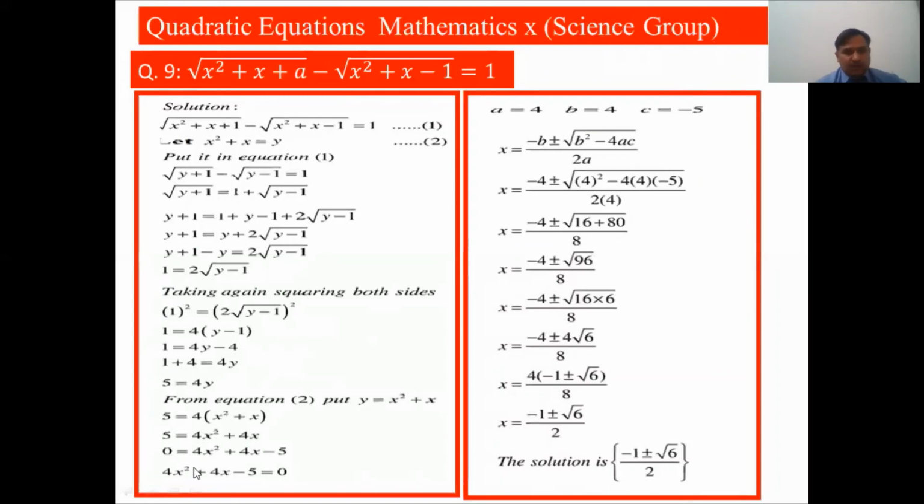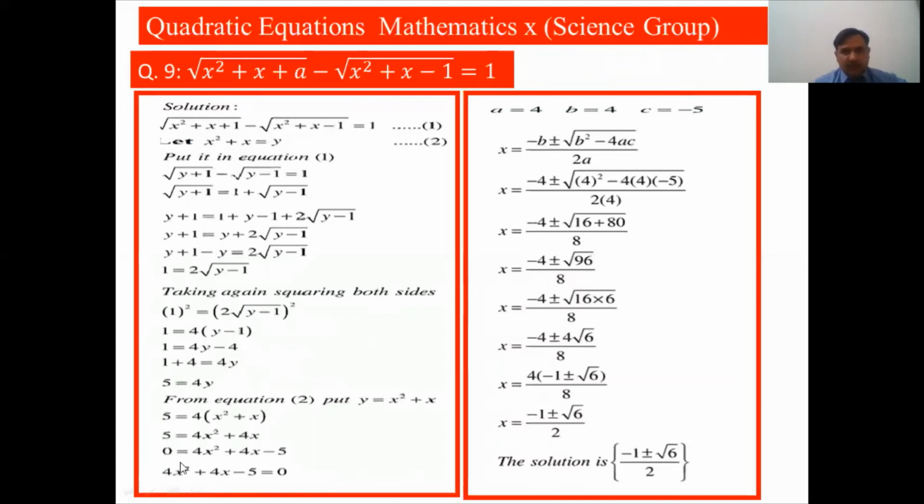So now 5 fours are 20, but when we add these two terms, we cannot find a sum equal to 4. So we use the quadratic formula to solve this.